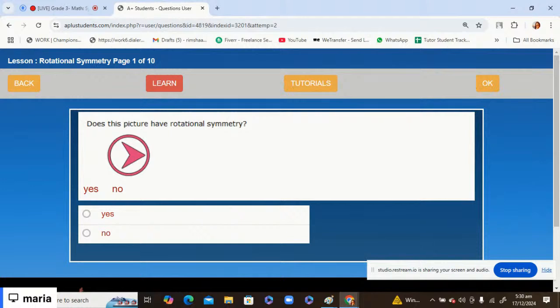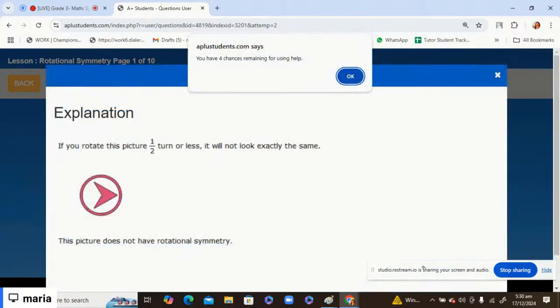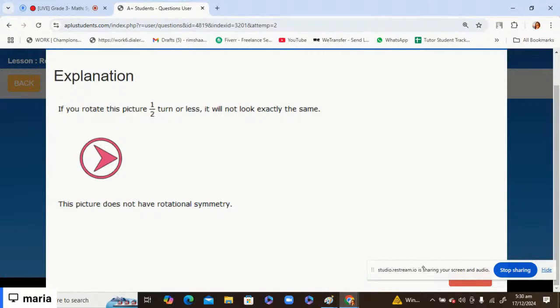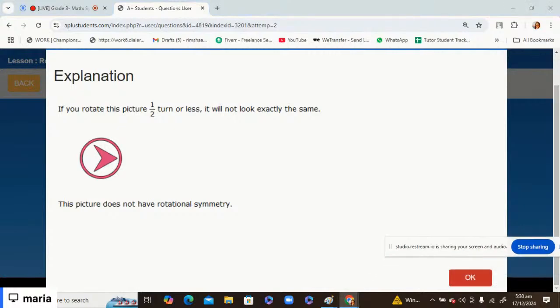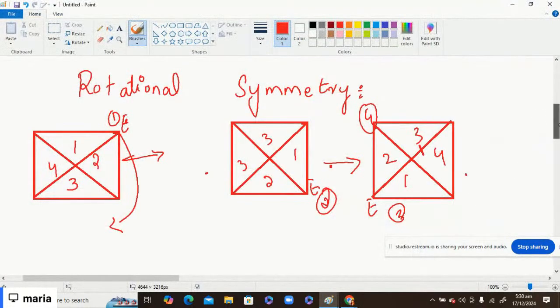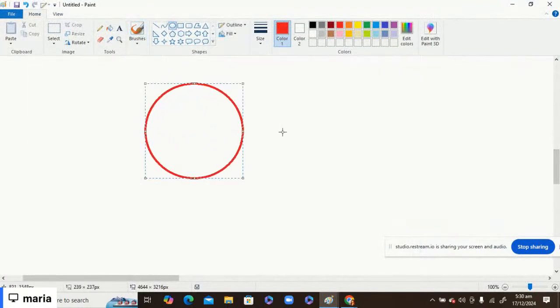Look at here, it's a round shape, but when you see the inside of this figure, the inside has a circle, and here the inside is like this way. Okay, the inside of this figure is this one.